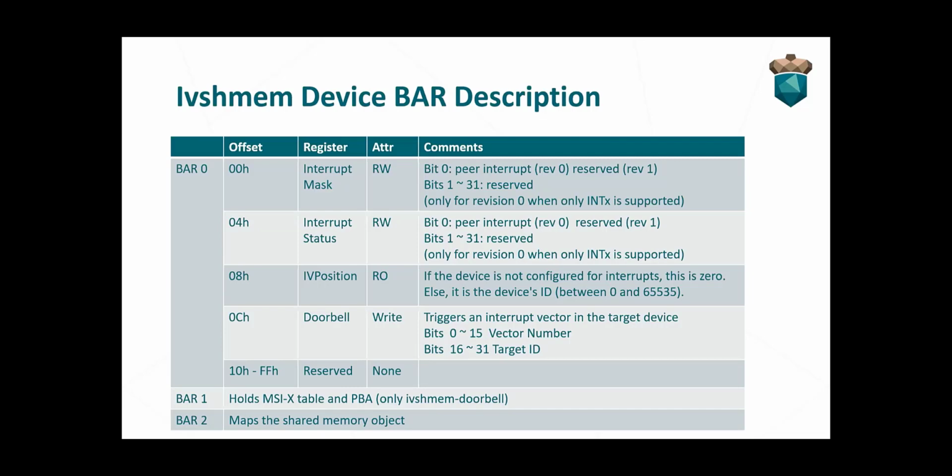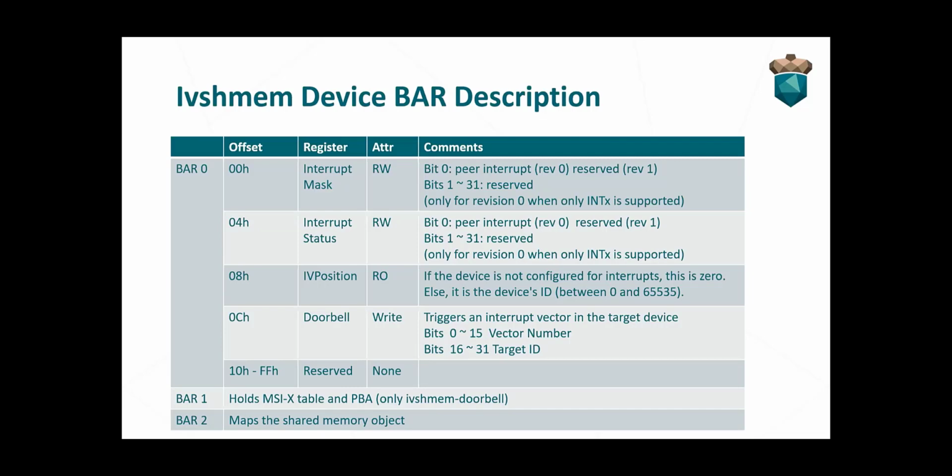For example, currently more than one vector can be supported by one IVSHMEM device. So you can use bits 0 to 15 to specify the vector number, and you can use bits 16 to 31 to specify which peer you are going to trigger the interrupt to.